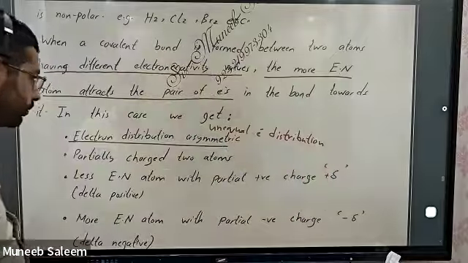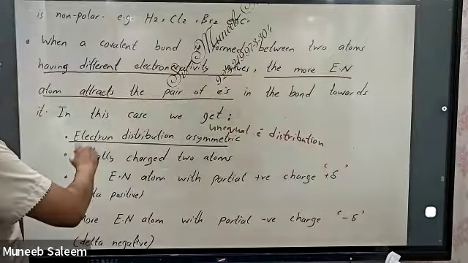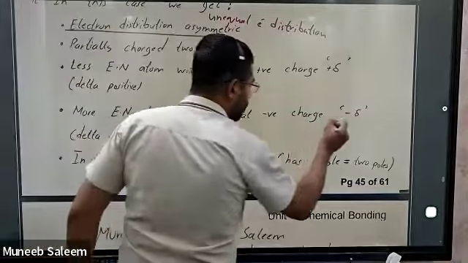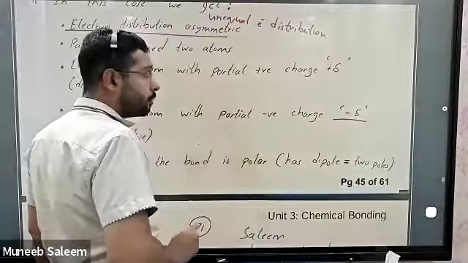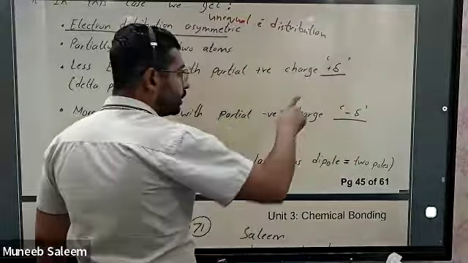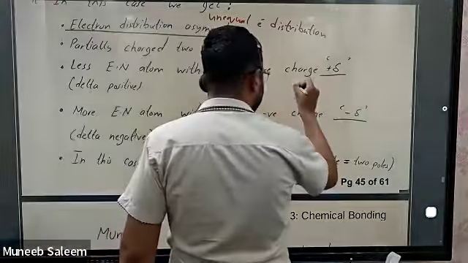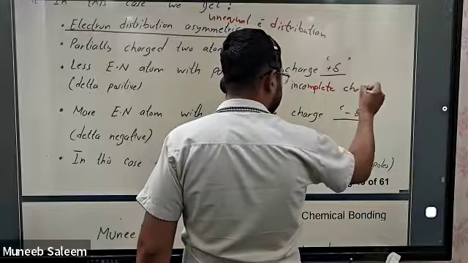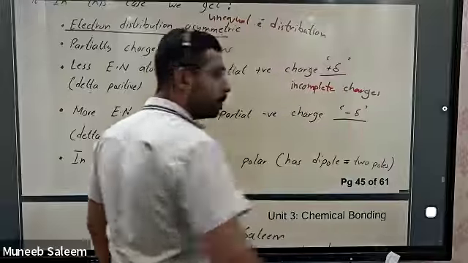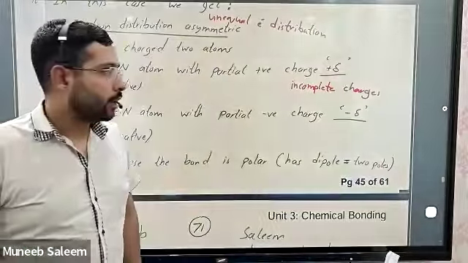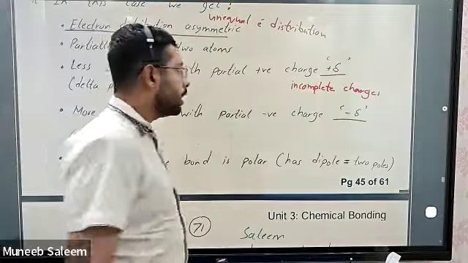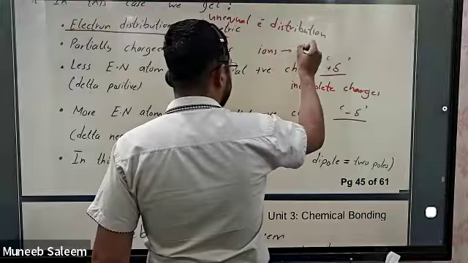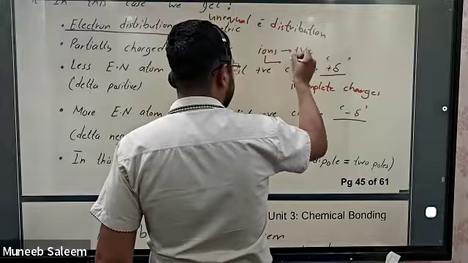So one side of the compound will be carrying partial negative charge, and the other side will carry partial positive charge. These are basically called incomplete charges. They are not complete charges, unlike ions. We know ions are of two types, the positive ion and the negative ion.